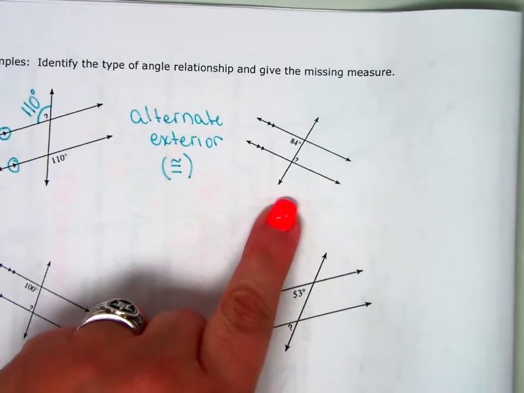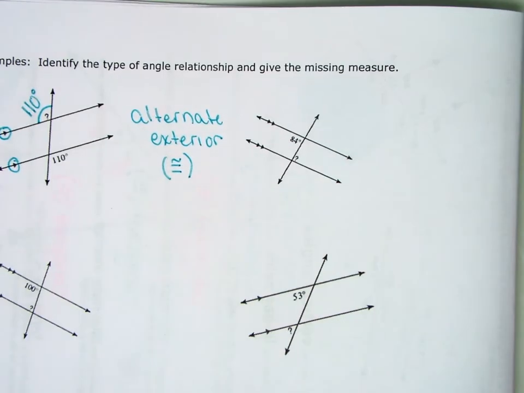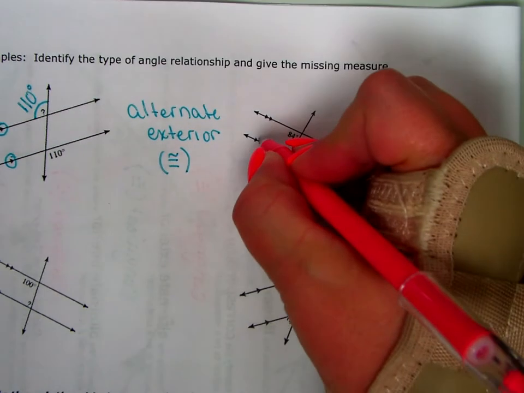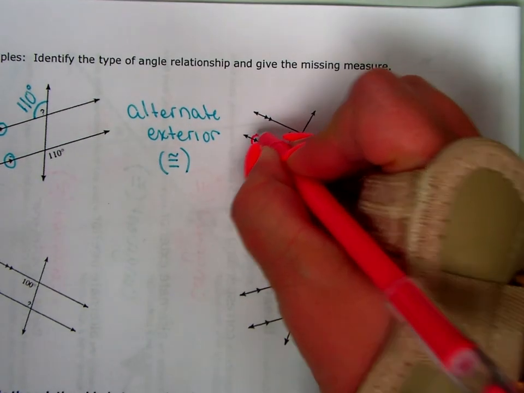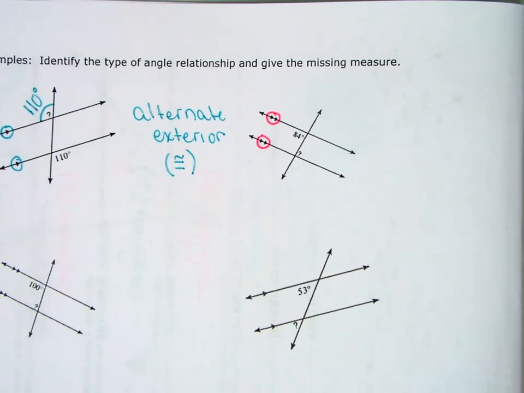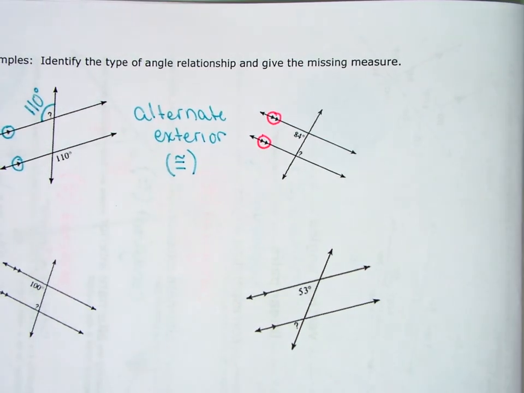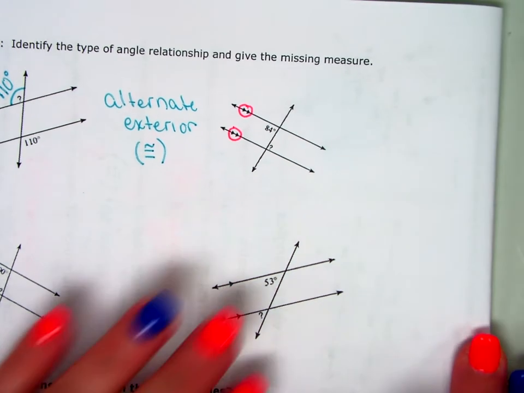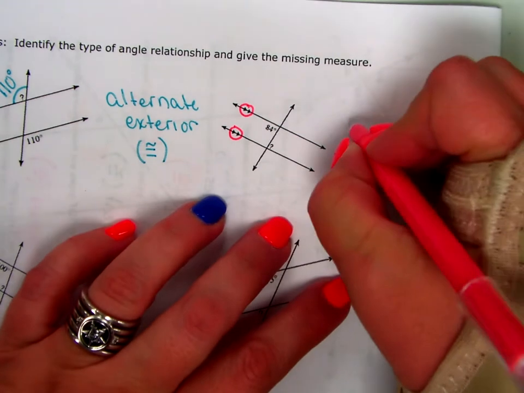The next one to the right, what's the relation? Well, first, can we apply the relationships? Yes, because we can see there's double parallel symbols, which just means they're also parallel. Okay. What's the relationship between the 84 and the question mark? What type of relationship?